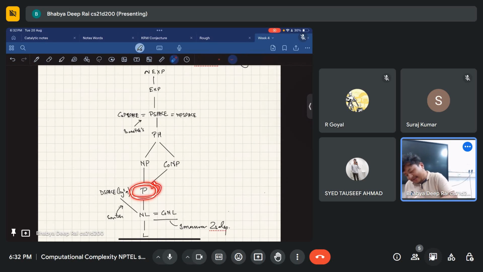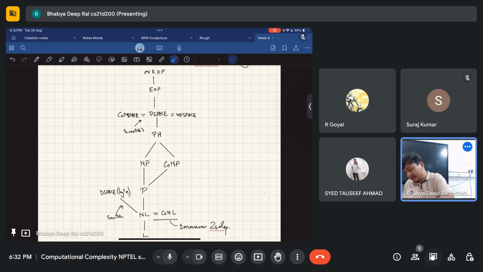P is strictly contained in EXP means that there is a language in EXP which is not in P, and P contains co-NL. There is a language in EXP which P does not contain, meaning there is a language in EXP that co-NL also does not contain, because P contains co-NL. That is what you are trying to say, right, Goel?